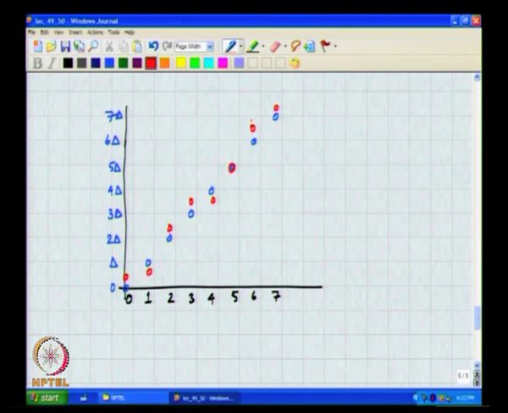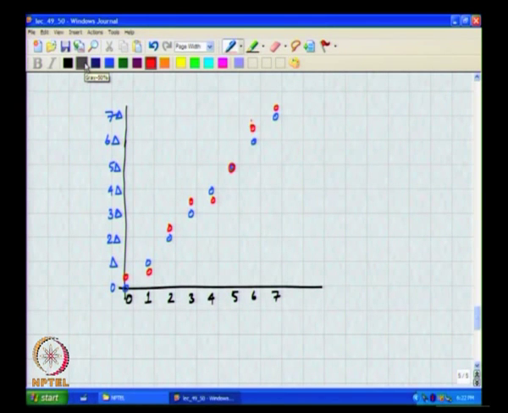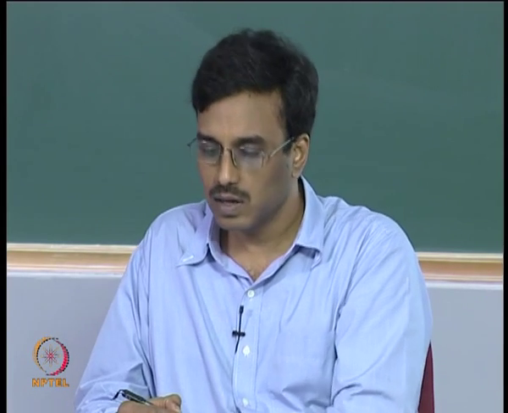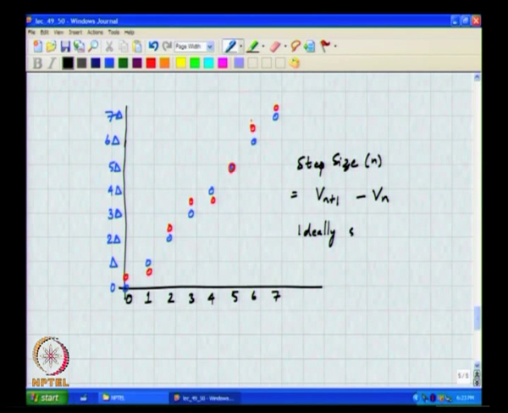And therefore, as you can see, the step size is not the same from code to code, and therefore, the step size at code n, if we call the output for code n as V n and the output for code n minus 1 as V n minus 1, then the step size of code n is nothing but V n plus 1 minus V n, all right, and ideally should be delta.